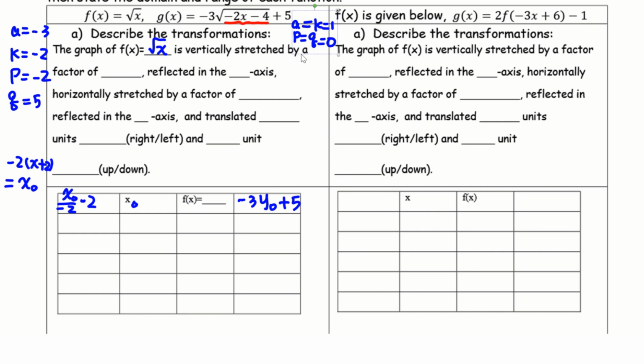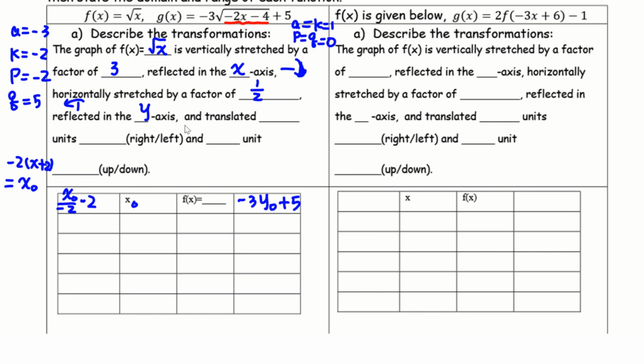So it's vertically stretched by a factor of the a value, so absolute, the positive number. If negative, it will be reflected in the x-axis. Then horizontally stretched by a factor of, we do the division of k, so it's 1 over k. And if negative, it will be reflected in the y-axis.